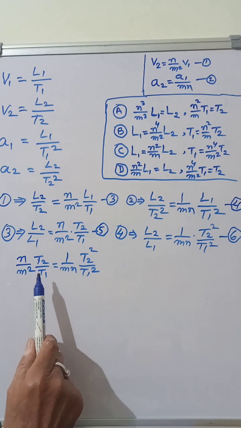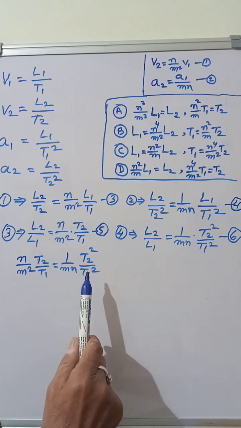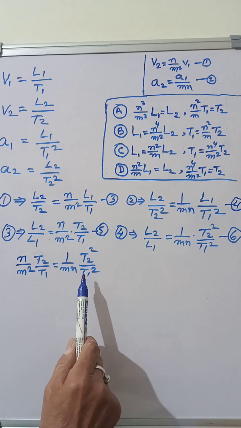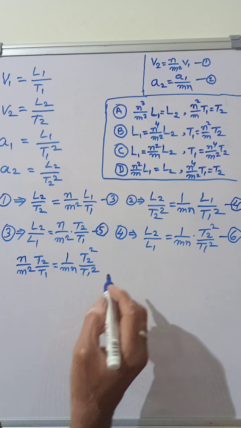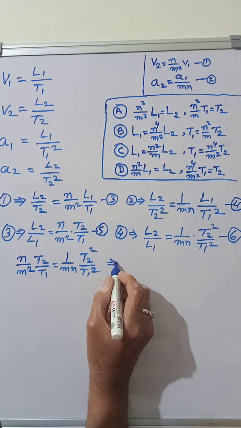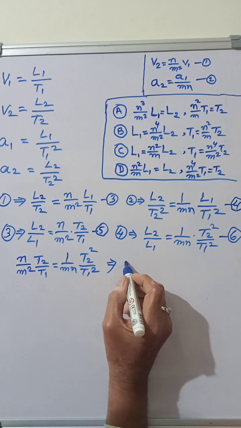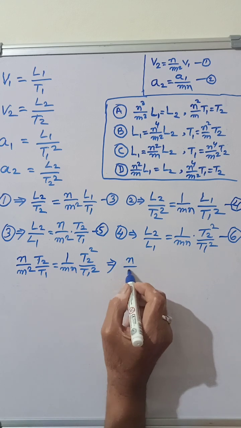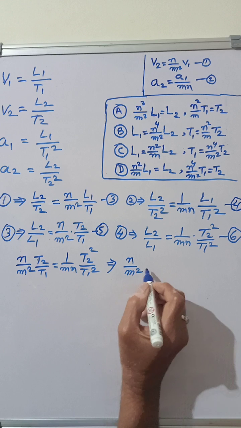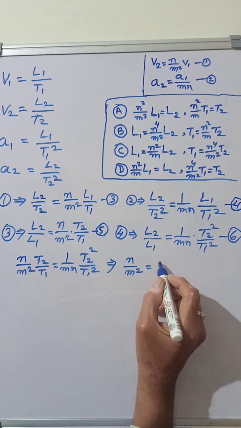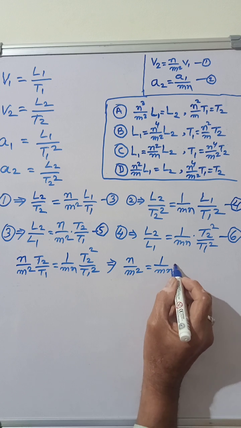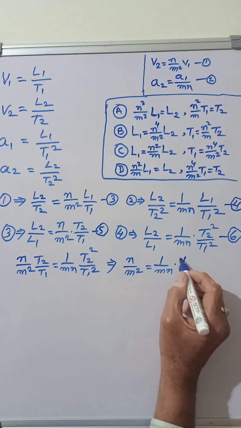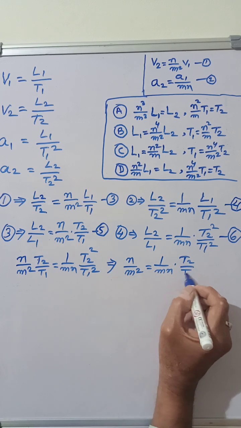In the LHS we have got T2 by T1, in the RHS we have got T2 square by T1 square. So T2 by T1 gets cancelled from both sides, which gives N by M square is equal to 1 by Mn into T2 by T1.